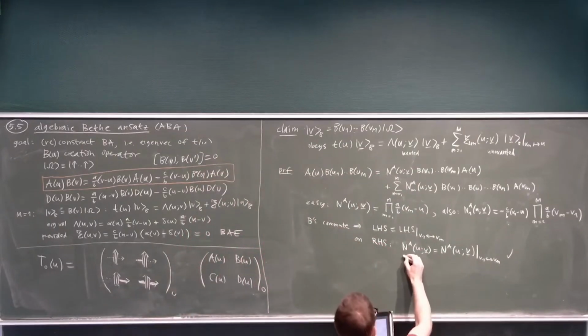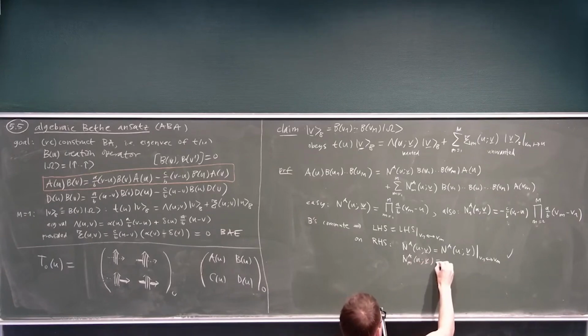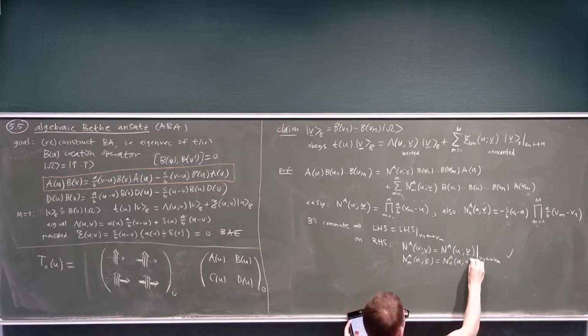However, if we now compare on the left-hand side NAm, which is the one that we want to find, then we see that this is equal to the NA1, which we just computed, with those parameters swapped.